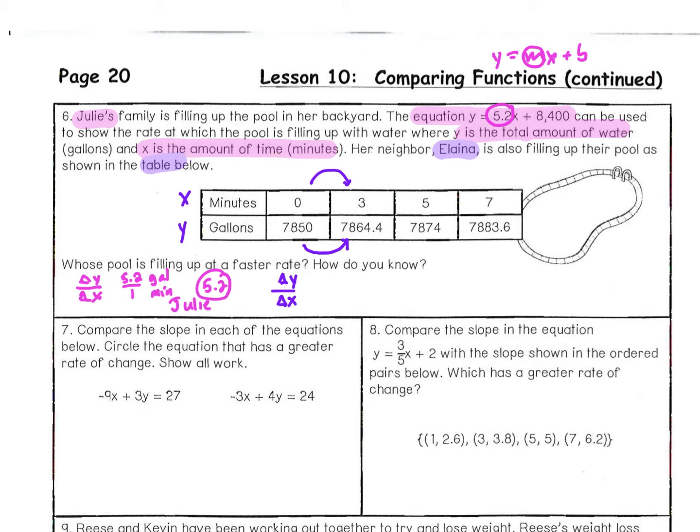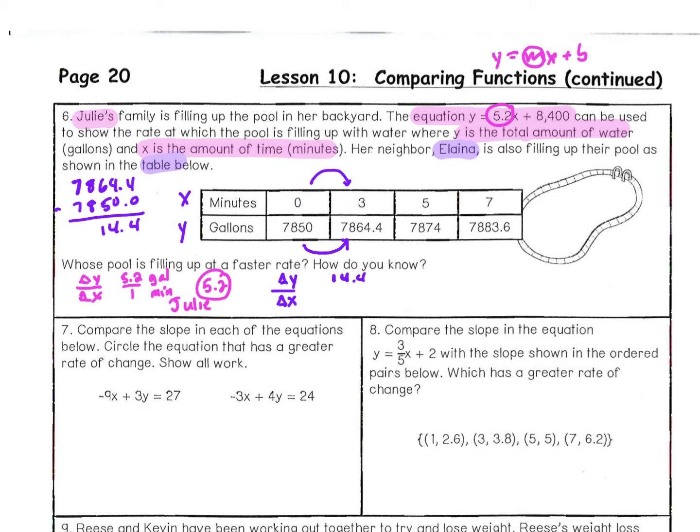So this is where they're using the formula. If we take our second y minus our first y, that would be helpful. So 7,864 and 4/10 minus 7,850, and we're going to get 14 and 4/10. So our change in y for the first is 14 and 4/10. And now we're going to look at the change in our x's.